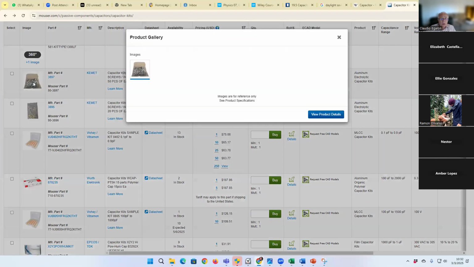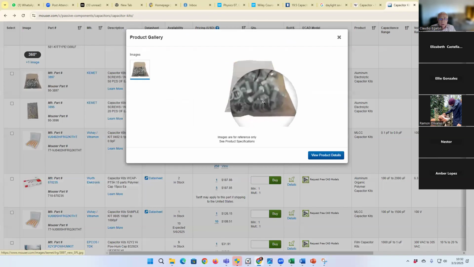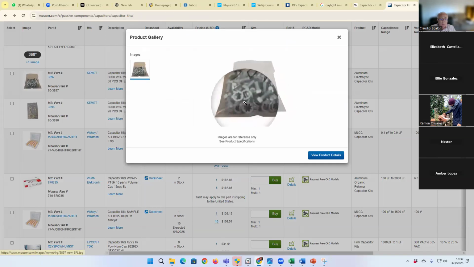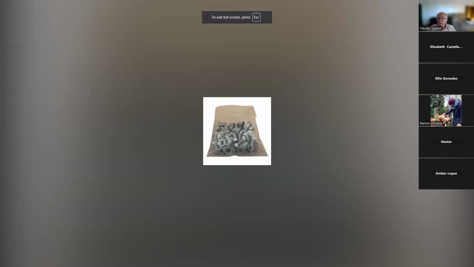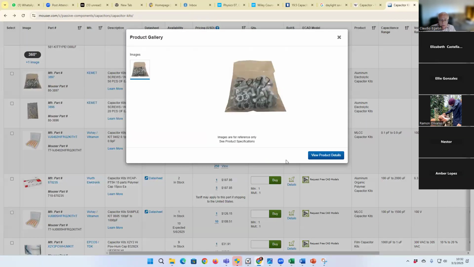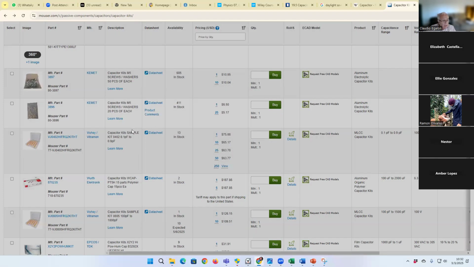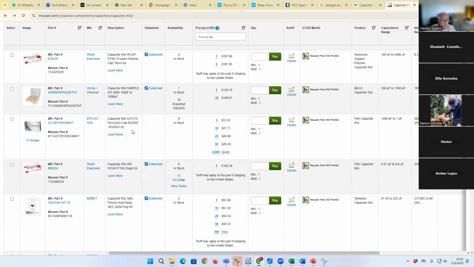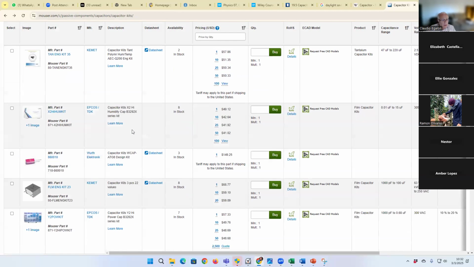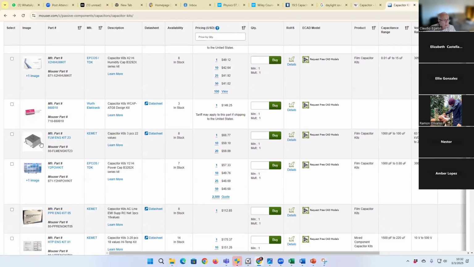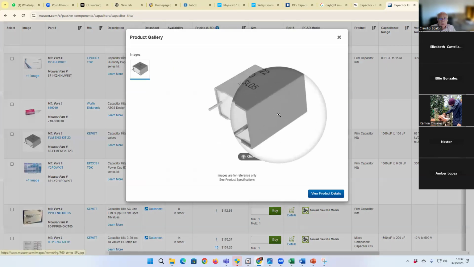Capacitor kits. These are not capacitors. Just something else that they use with capacitors. Kits, we're talking about capacitor kits here. Let's see this one here.